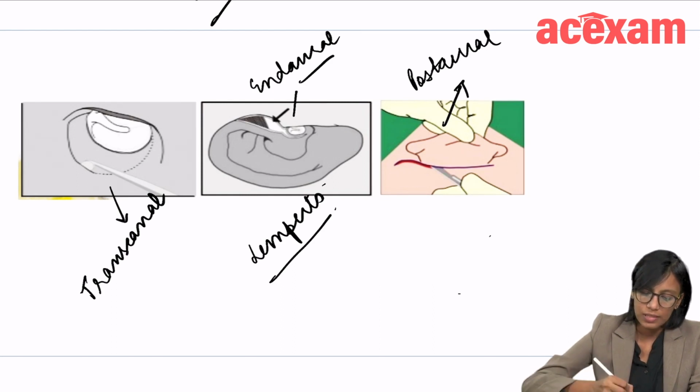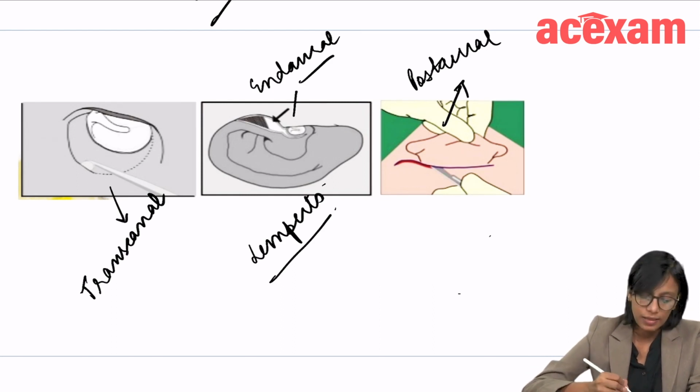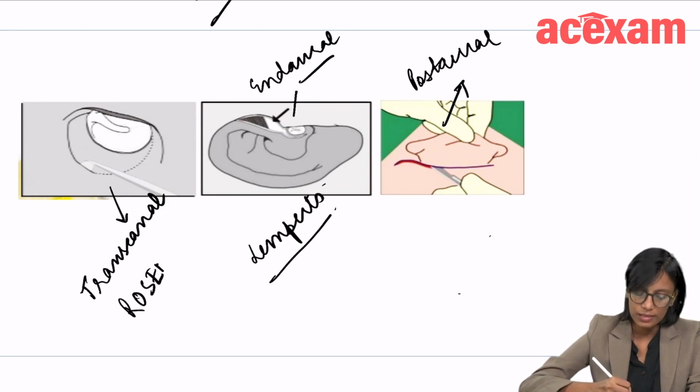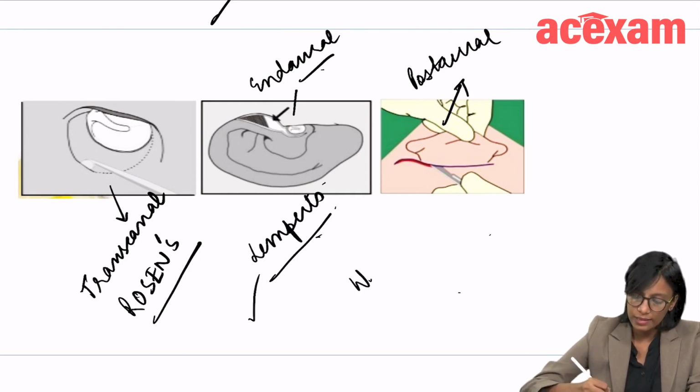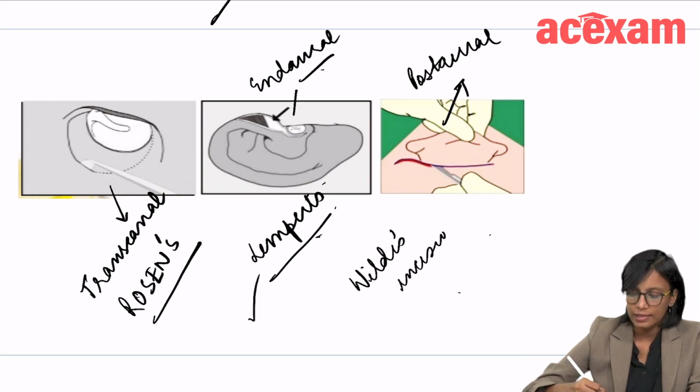The incision used in the transcanal, permeatal approach is known as Rosen's incision. The endoral incision is known as Lempert's incision. Now the post-oral, the most common approach used, the most common incision we give is Wilde's incision. It is named after Sir William Wilde.